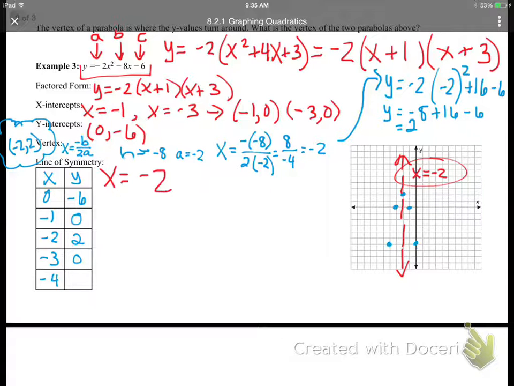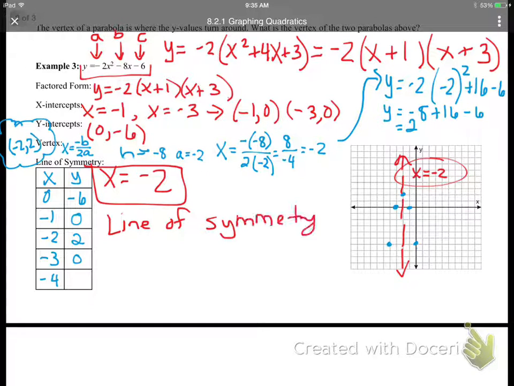Also, the formula for the line of symmetry happens to be the same as the x value of my vertex. So make sure that you get that formula in your notes somewhere, because that is really important. If you just see that dotted line down the middle, that's your line of symmetry.